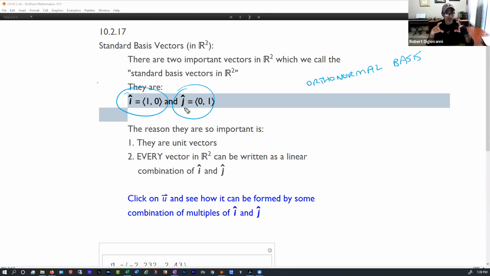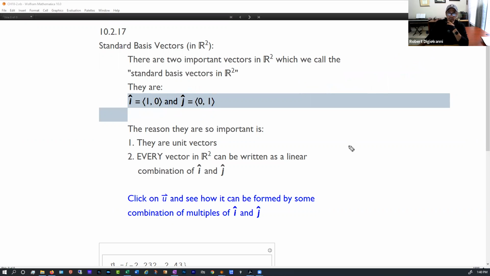Do you all agree with that? They both have a length of 1. They're orthogonal to one another, which means they're perpendicular to one another, which is where the word ortho comes from. Normal meaning that their length is 1, and basis meaning they can create every other vector in the space. So in linear algebra, we say that these two vectors span the space. I'm only saying this for people who might have to take linear algebra. I and J create an orthonormal basis.